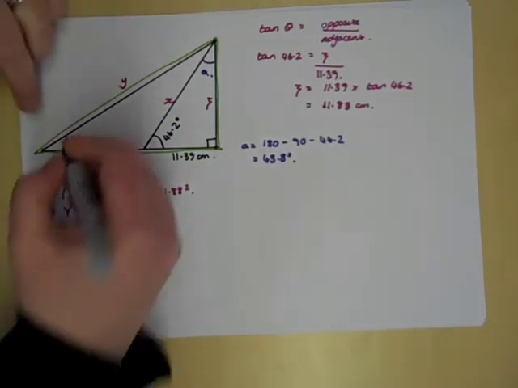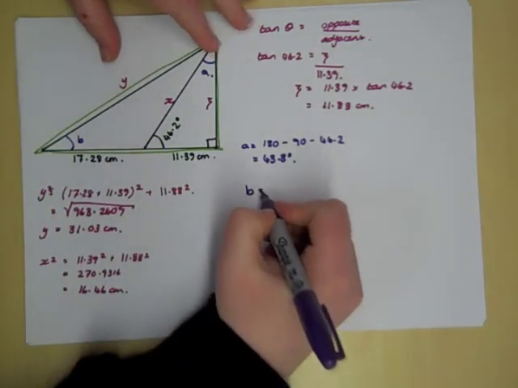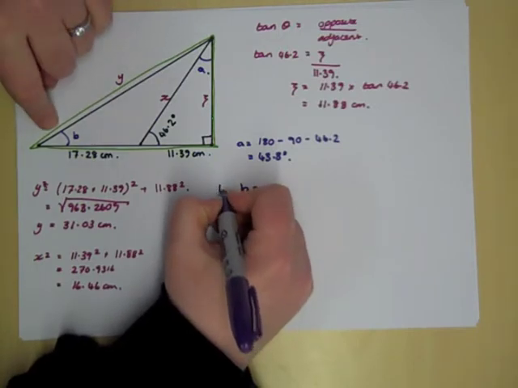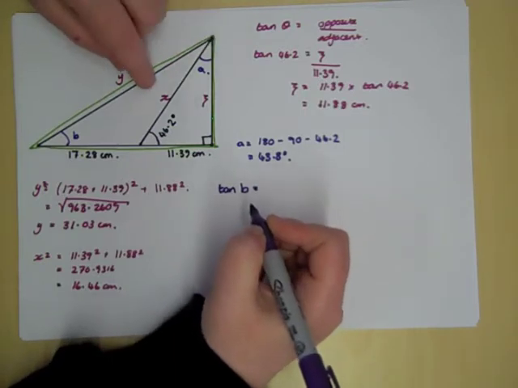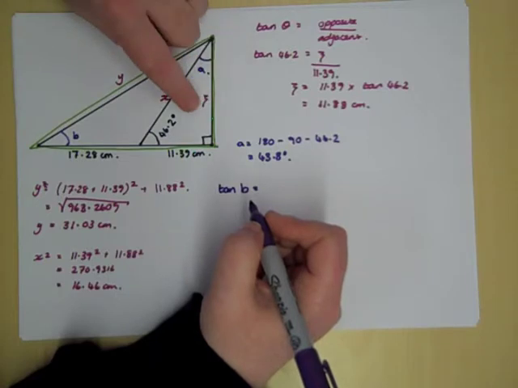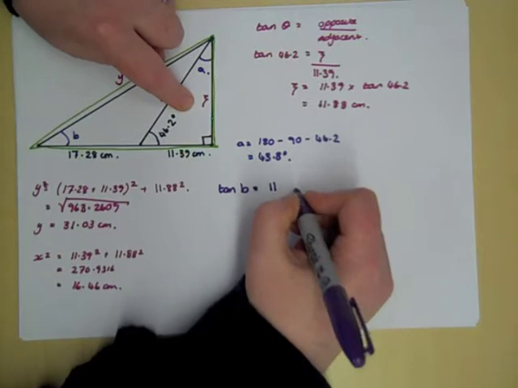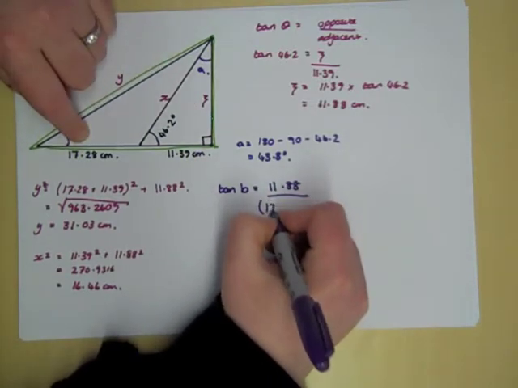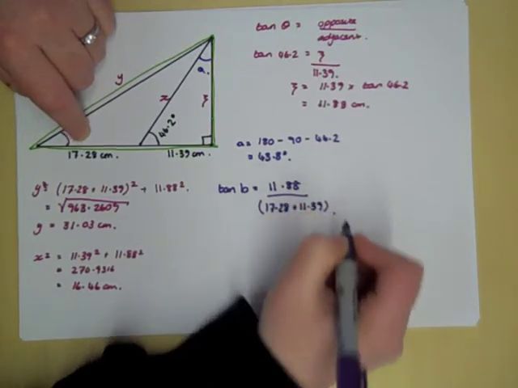I'm going to call this angle here B. And so I'm going to say that the tan of B, I could have gone sine or any of them, the tan of B is equal to this length Z, opposite over adjacent, so 11.88 divided by 17.28 plus 11.39.